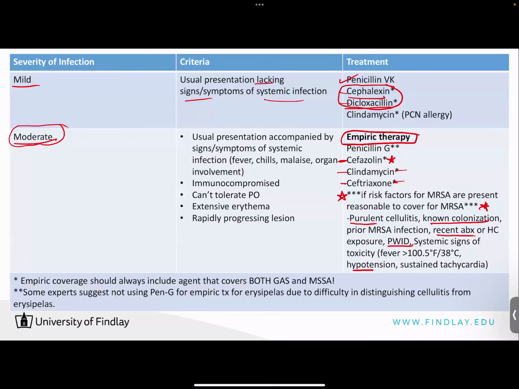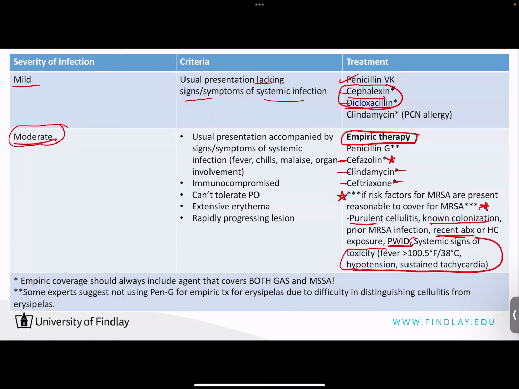And then this is where I think it gets a little bit controversial. Systemic signs of toxicity, fever, hypotension, sustained tachycardia. I mean, we've talked about those as SIRS criteria already. So I think that's where you really need to just use your clinical judgment. If they don't have any other risks, but they're sick, you have to use your clinical judgment.